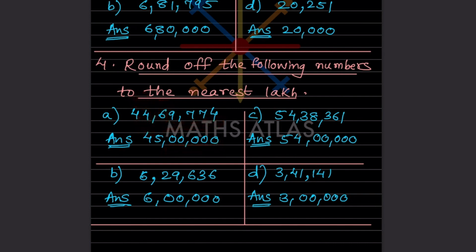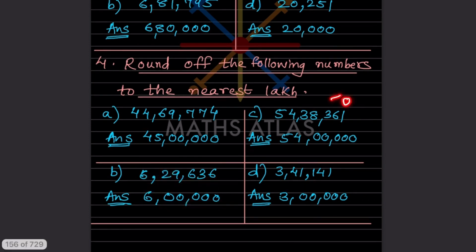Okay. Now ones, tens, hundreds, thousands, 10,000 and lakhs. So we are going to concentrate on this lakh part. This is the 10,000 place. This one, 2, is less than 5. So this 6 remains as it is, and all these zeros. Okay.